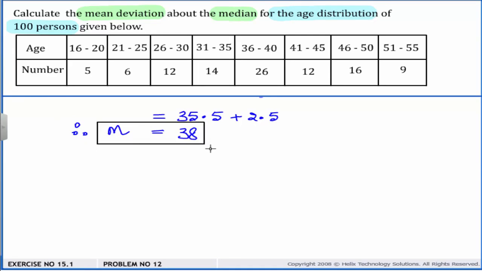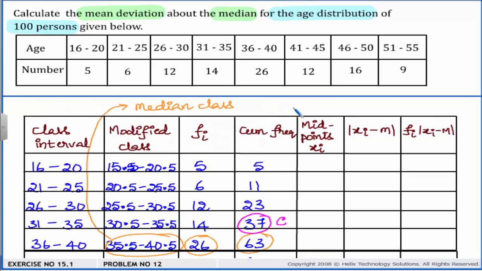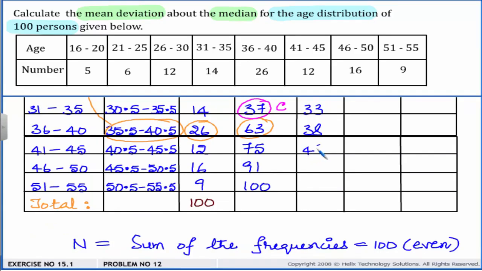So let us write this value nearer to the table so that we can complete the rest of the columns. We have median equal to capital M is equal to 38. Now let us write down the midpoints of the original class interval. We have 18, 23, 28, 33, 38, 43, 48 and 53.